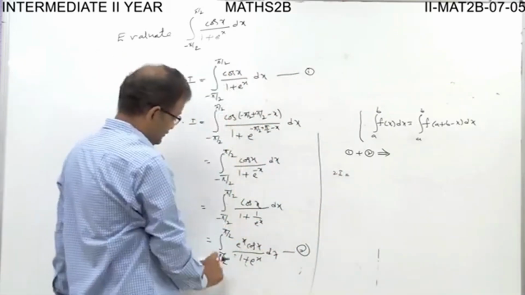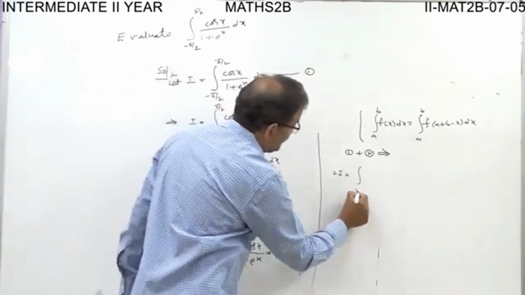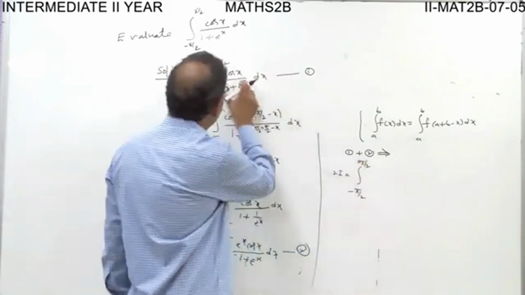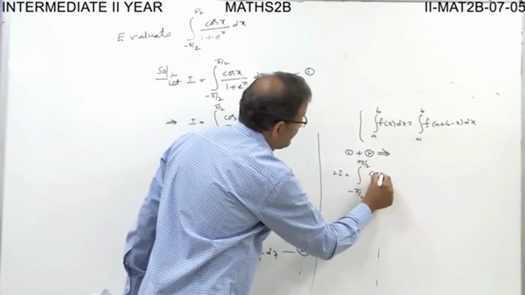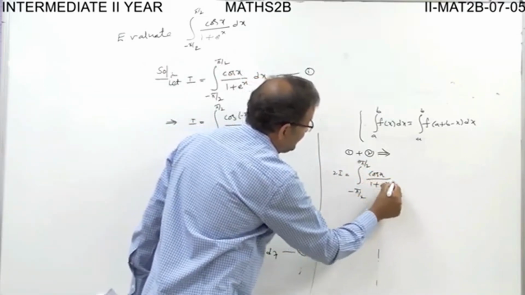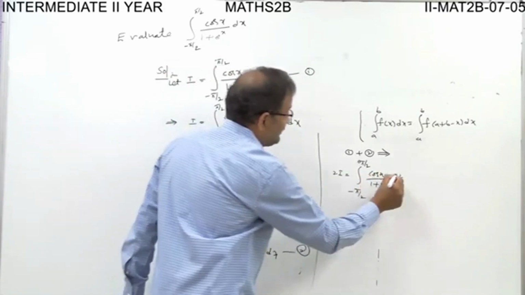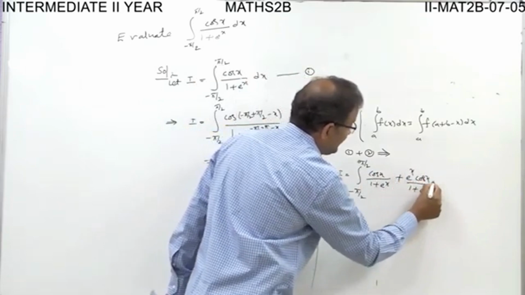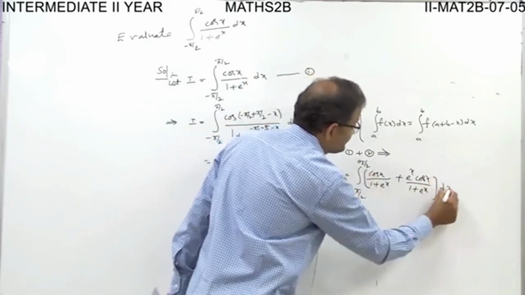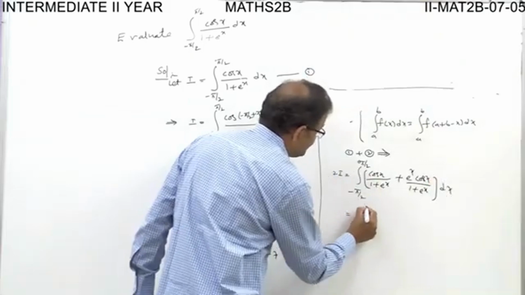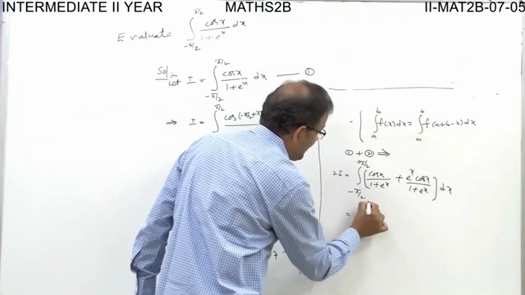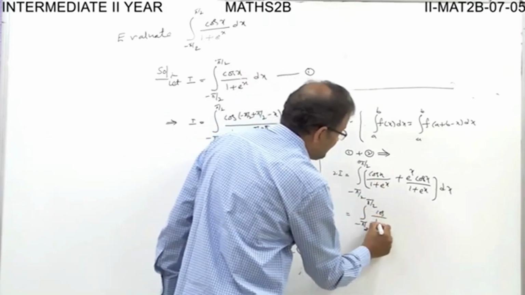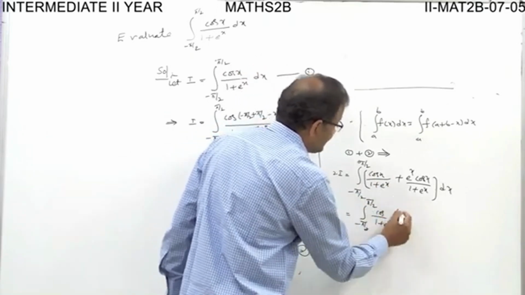Now integration from -π/2 to π/2 of cos x by 1 plus e to the power of x plus e to the power of x into cos x by 1 plus e to the power of x dx. This is equal to integral from -π/2 to π/2. Here we can take cos x by 1 plus e to the power of x common.